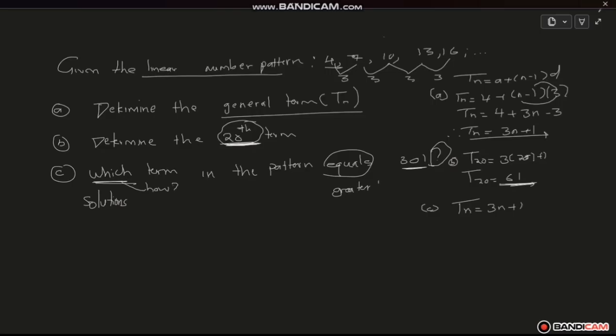Then they say equal to, meaning that sometimes they can say greater than or less than, as I explained before. If it was greater than, you're going to say 301 greater than 3n plus 1, but now it is equal to, meaning we're going to use an equal sign. Be careful of that. Make sure that you mind these questions. Therefore 300 equals 3n because we transpose the 1, we divide by 3. Then we're going to have our answer as 100, right?